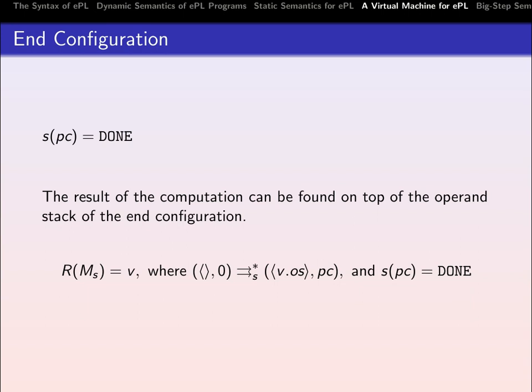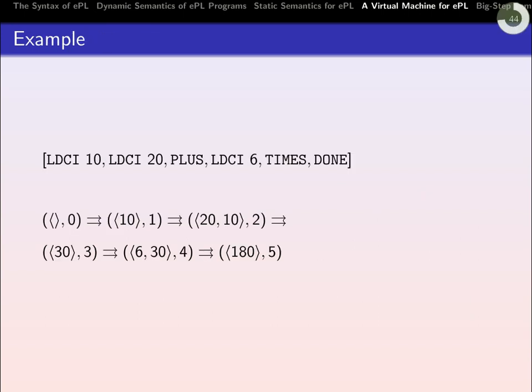Clear? So that's the result of the machine. We let the machine execute, and whenever it's done, whatever is at the top of the stack, that's the result of the machine.